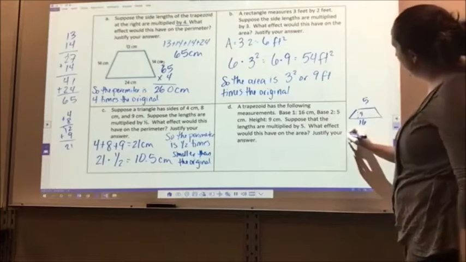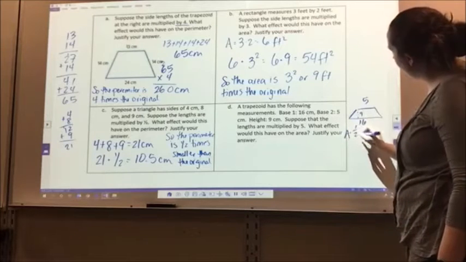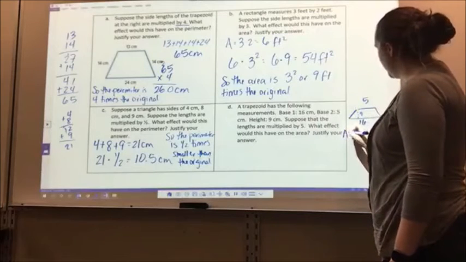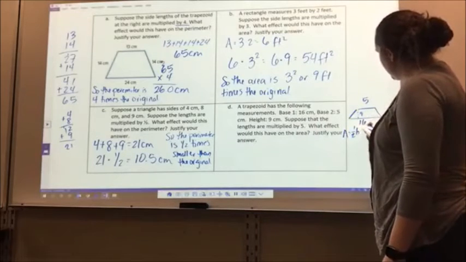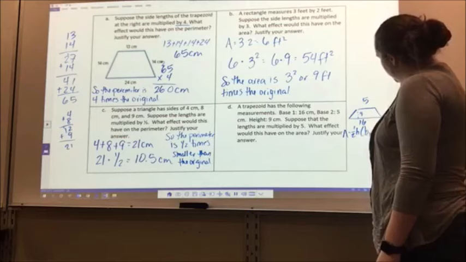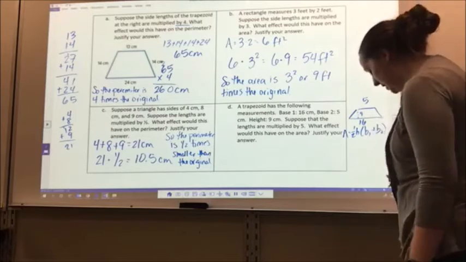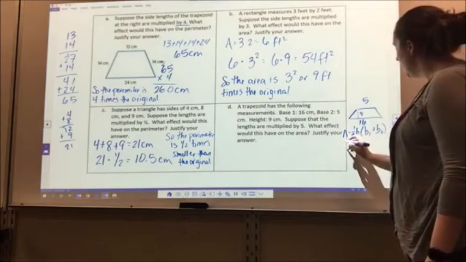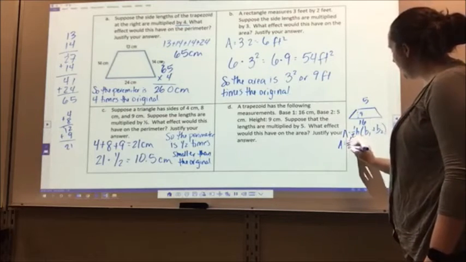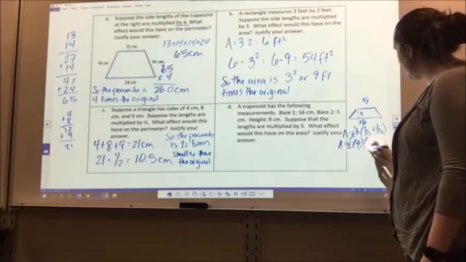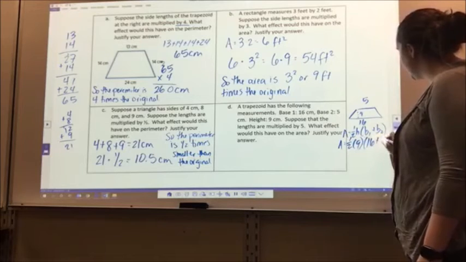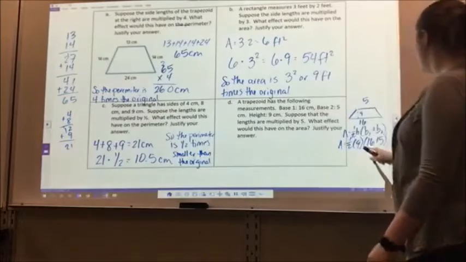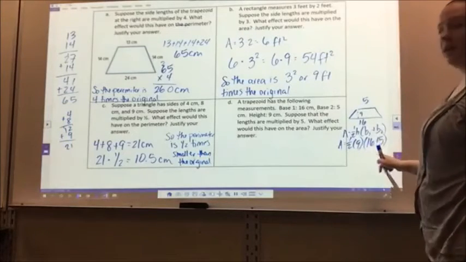And we know the area of a trapezoid is 1/2 the height, base 1 plus base 2, where that's in parentheses. So to find the original area, let's substitute all this in. So my height's 9, my bases are 16 plus 5.